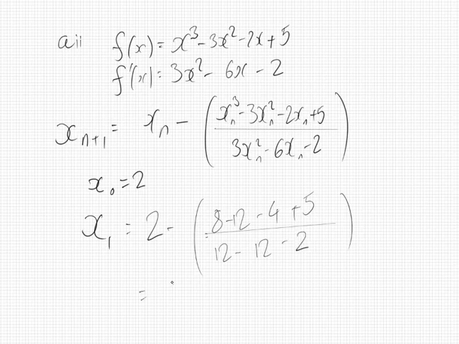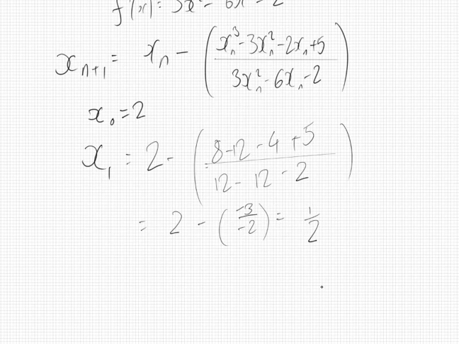So that would be 2 minus minus 16, and 8 is minus 8 plus 5 is 3 over minus 2. Uh-oh, something went wrong here, I think. It's minus 3 on the top? Yeah. Alright, that's better. So that will equal a half then. And I have to do it one more time, and then I get my marks.